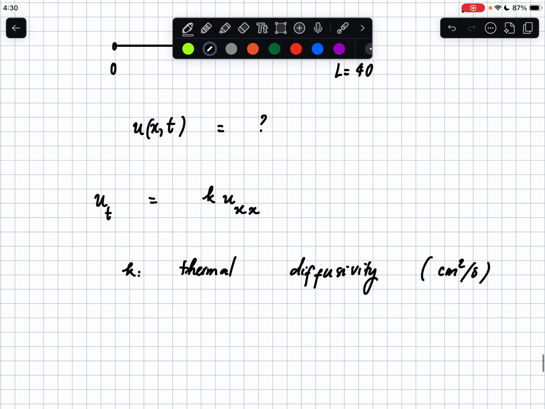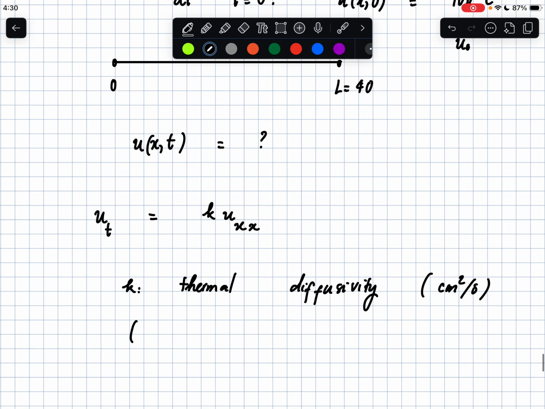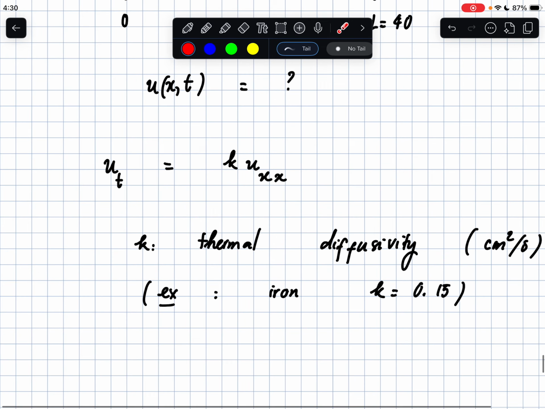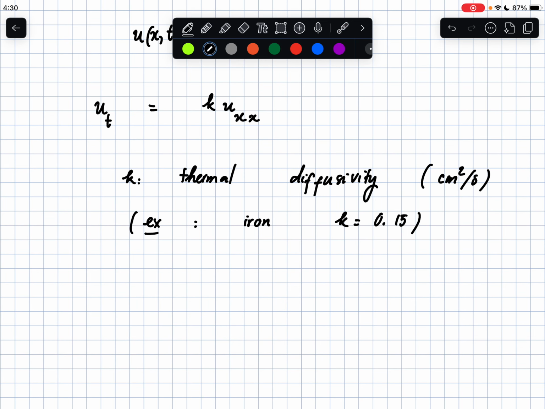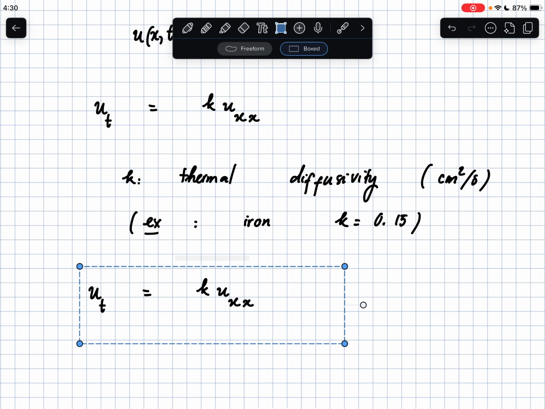If we want to apply it to a particular example, let's say the rod is made of iron. So for example, if the rod is made of iron, then k is 0.15. But I will just work with the letter k. The problem we are given is u_t equal to k times u_xx.